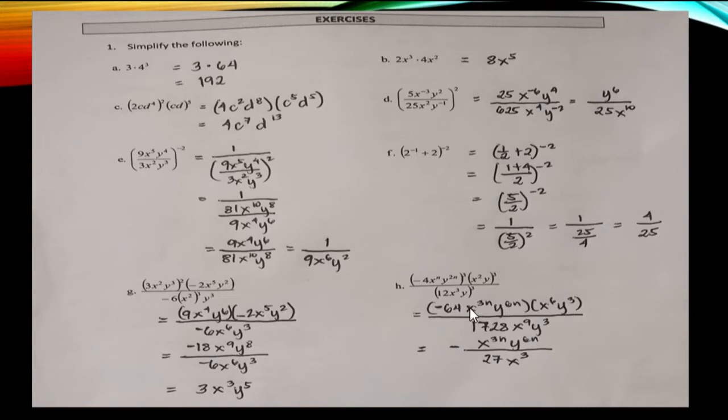And then what is left in our numerator is x to the power of 3n times y to the power of 6n, all over 27. Then 6 minus 9, that is negative 3, so x cube goes to the denominator. And then y cube over y cube, that is 1, so the y cube is gone. So, the answer is negative x to the power of 3n times y to the power of 6n all over 27x cubed.